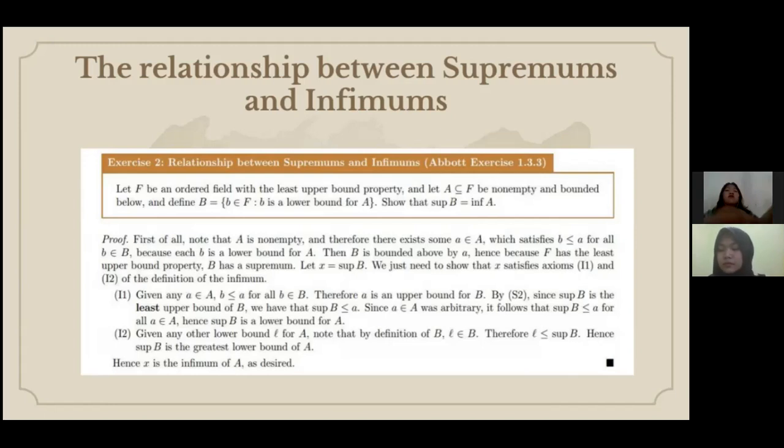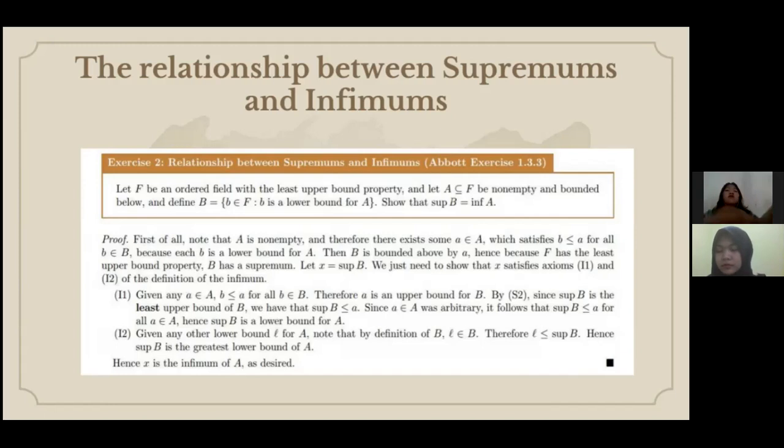We just need to show that x satisfies axioms I1 and I2 of the definition of the infimum. I1: given any a in A, b is less than or equal to a for all b in B, therefore a is an upper bound for B. Since sup B is the least upper bound of B, we have sup B less than or equal to a.